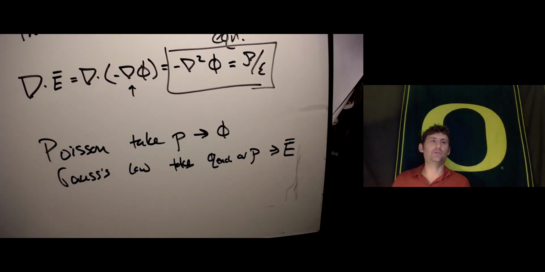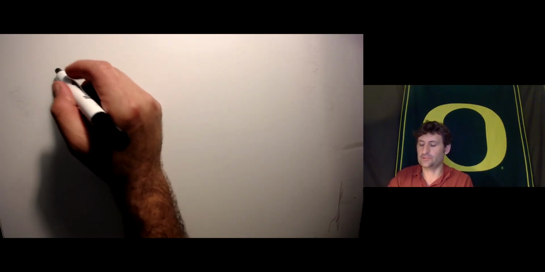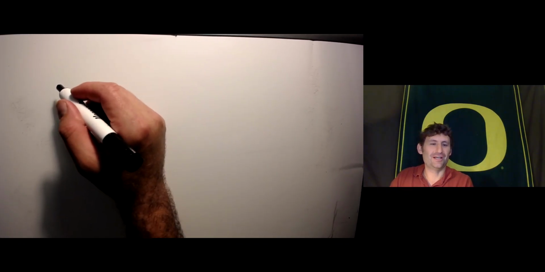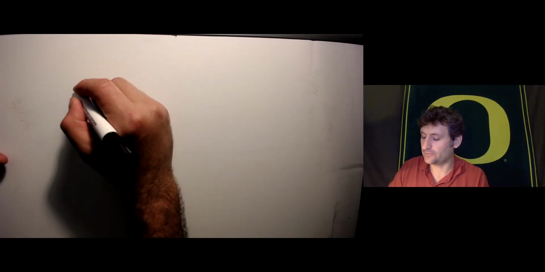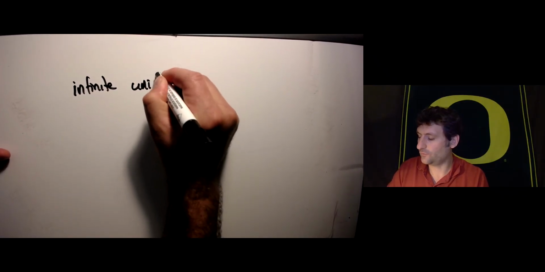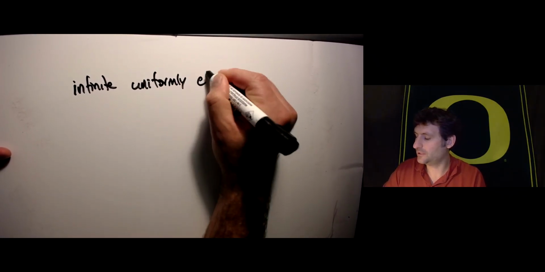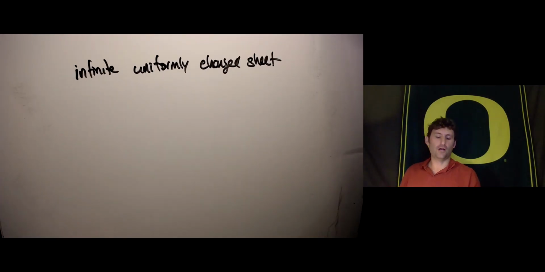So let's work some examples of this to try to get a better sense of how this works. One example that's important in electrochemistry, and you'll see over and over again, especially in the discussion of a double layer, is the uniformly charged infinite sheet. So an infinite uniformly charged sheet. Okay, so let's draw that.